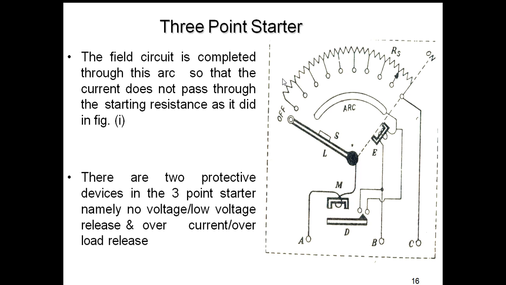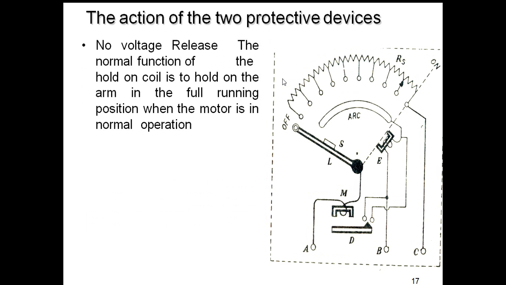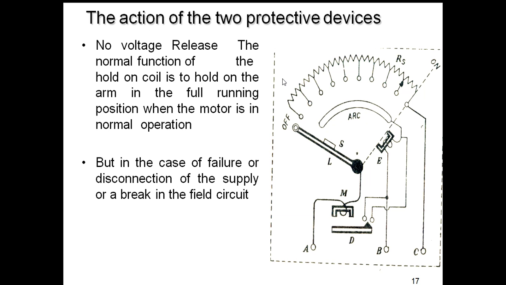So there are two protective devices in a 3-point starter. One is no voltage release coil, and the other is the overcurrent release coil. The no voltage release coil, the hold on coil, is to hold on the arm in full running position when the motor is in normal condition.